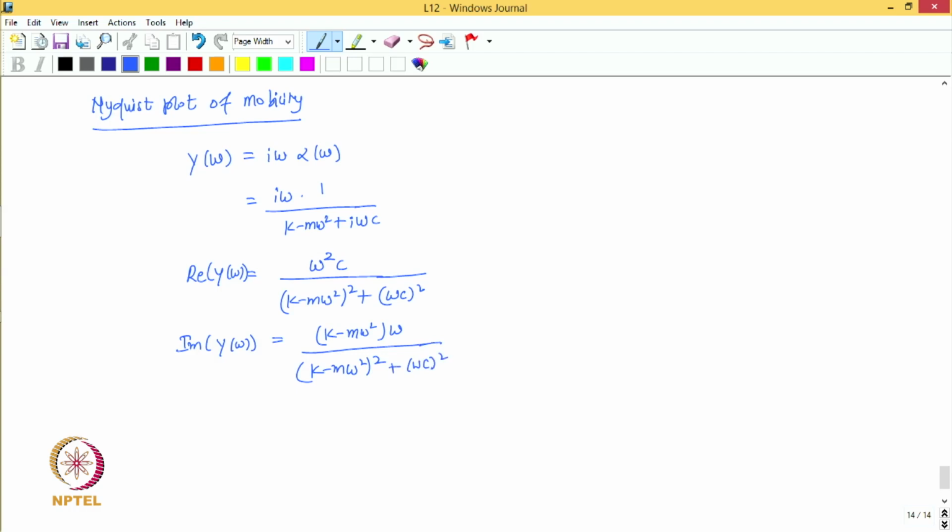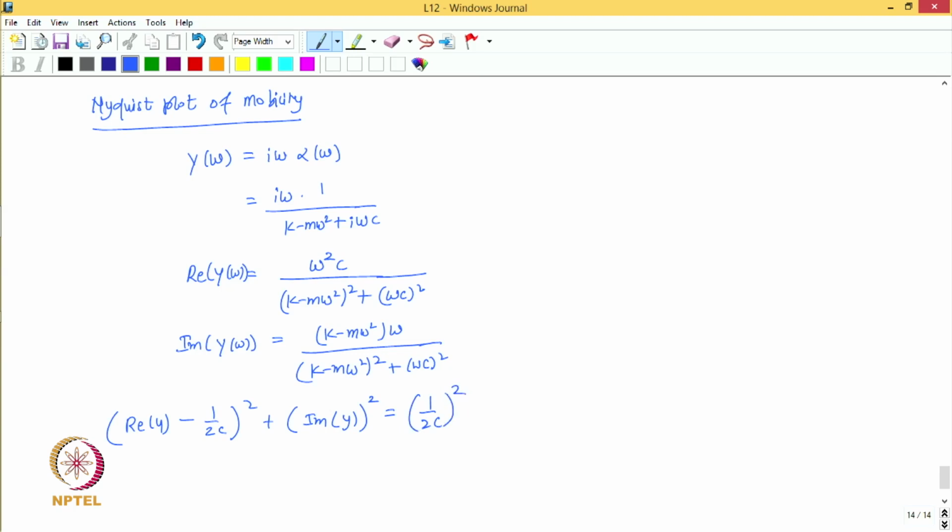And now we see that this real part and imaginary part satisfy this equation: real part of Y minus 1 upon 2c, whole square, plus imaginary part of Y square is equal to 1 upon 2c whole square.